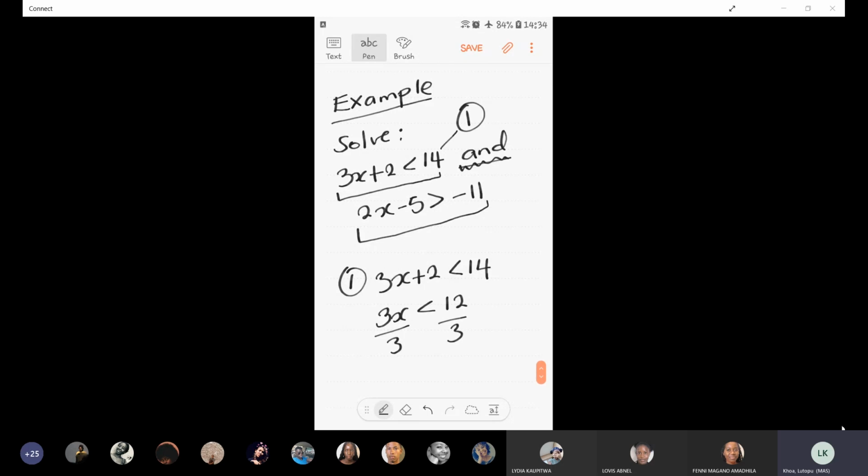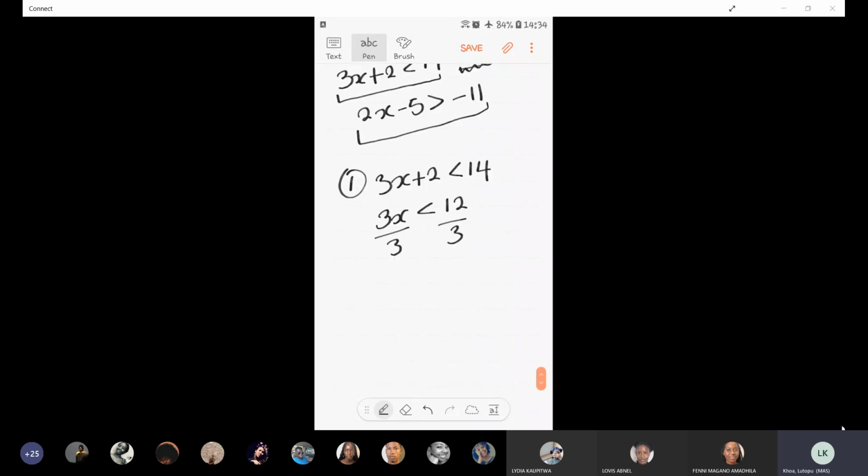When I divide by 3, the inequality doesn't change direction, because it only changes direction when I divide by a negative number. So I have x is less than 4. So this is the first condition that I will have to combine with the second one.